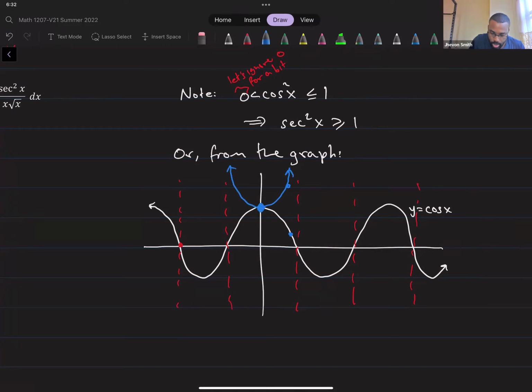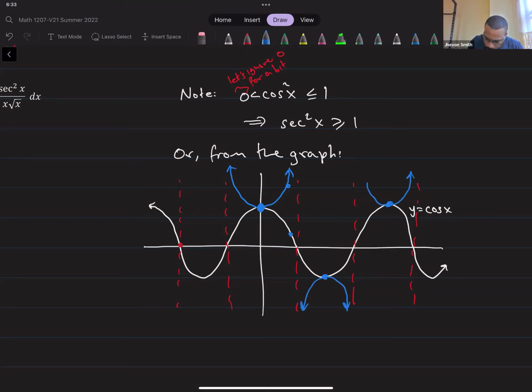So when cosine is 1, secant is also 1. But as cosine gets closer to 0, you're taking 1 over a number that's getting closer to 0, and we know that 1 over x shoots up to infinity as x approaches 0. So our secant will shoot up to either negative or positive infinity when our cosine is getting close to 0. With this in mind, you can construct the graph of secant.